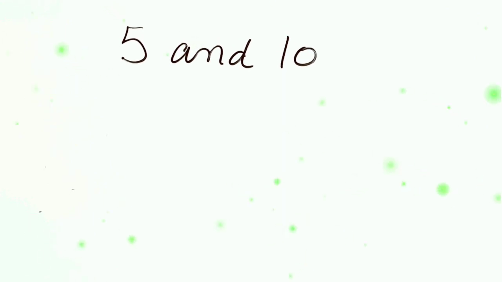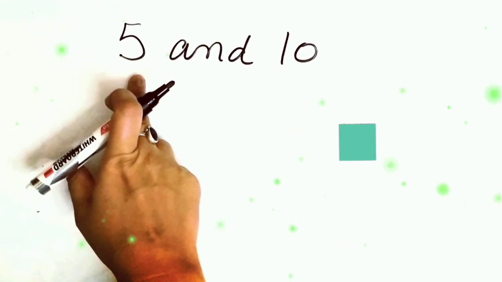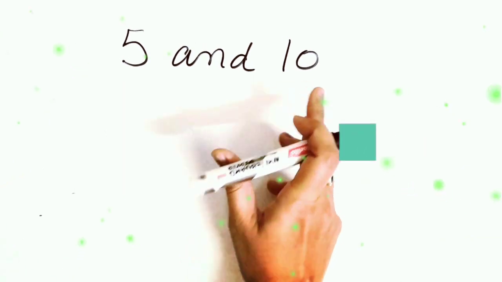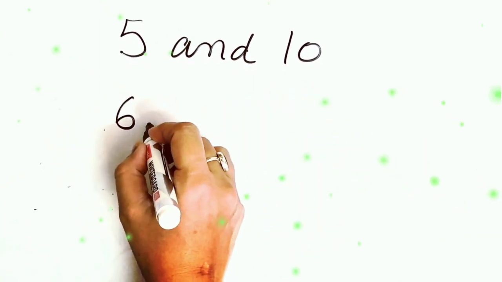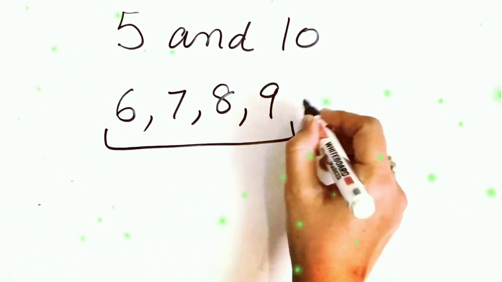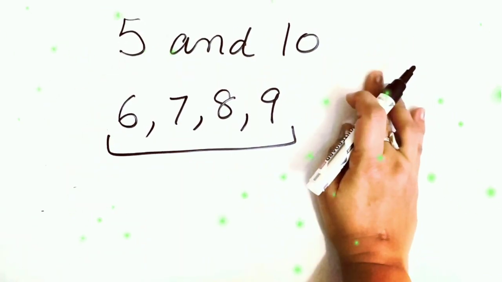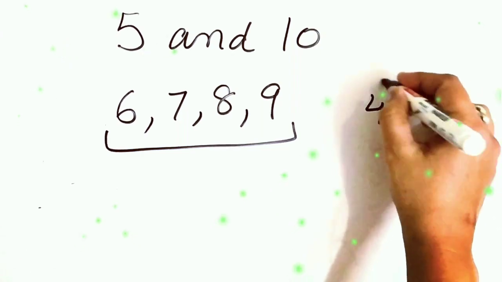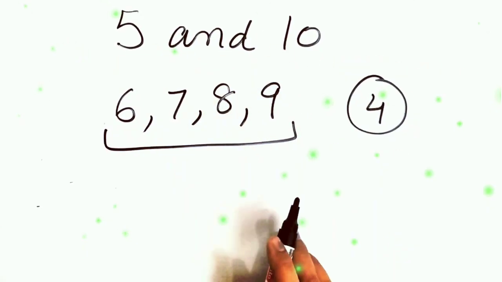If I ask you how many numbers are there between 5 and 10, you can easily answer that there are 6, 7, 8 and 9. These numbers are there between 5 and 10. Okay, so there are 4 numbers between 5 and 10.